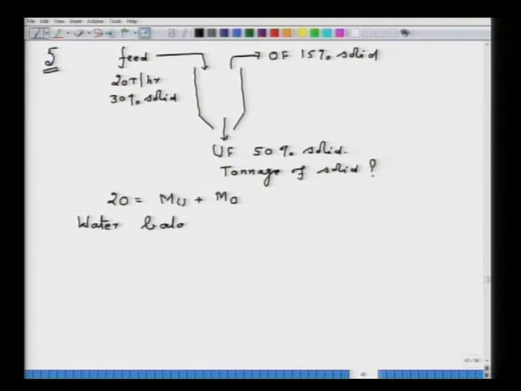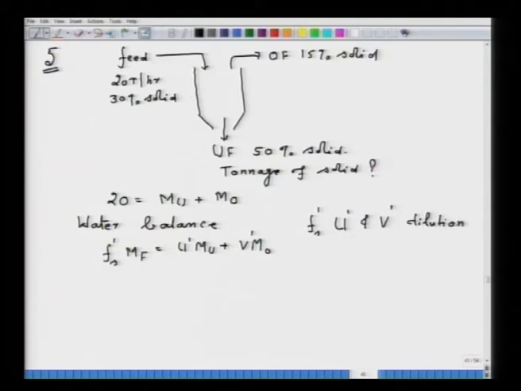We can perform water balance, and for water balance we have, as you recall, F dash into MF equal to U dash into MU plus V dash into MO, where, as I put in the lecture, F dash, U dash and V dash are the dilution ratios of feed, underflow and overflow.